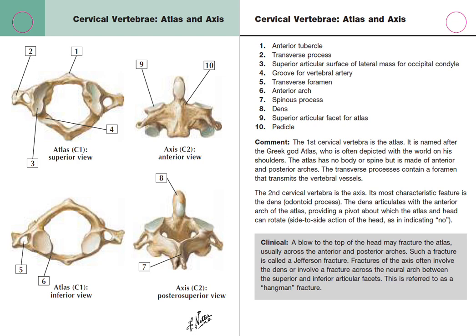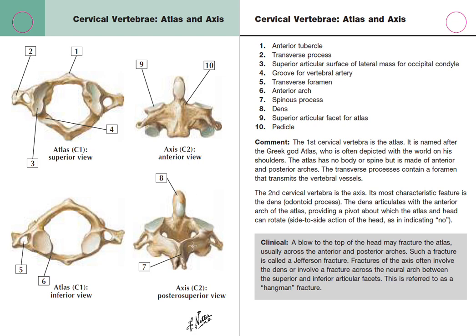Clinical correlation: a blow to the top of the head may fracture the atlas, usually across the anterior and the posterior arches. Such a fracture of C1 is called a Jefferson fracture.